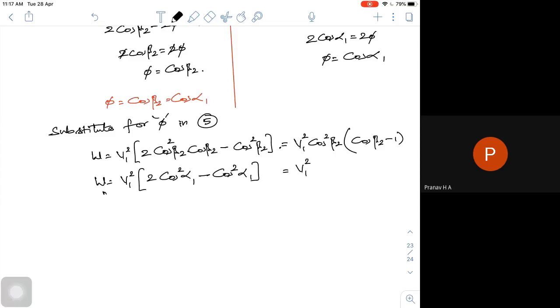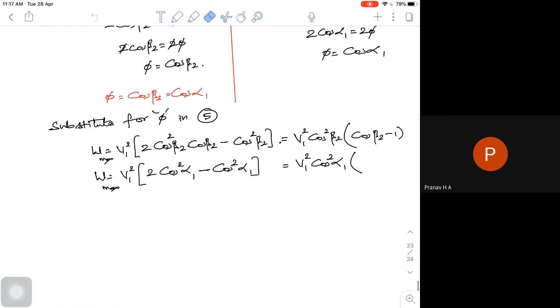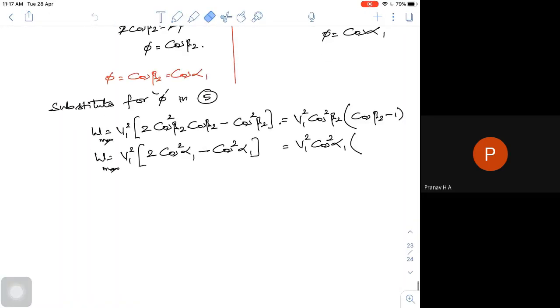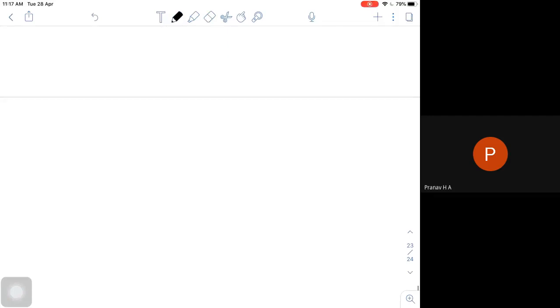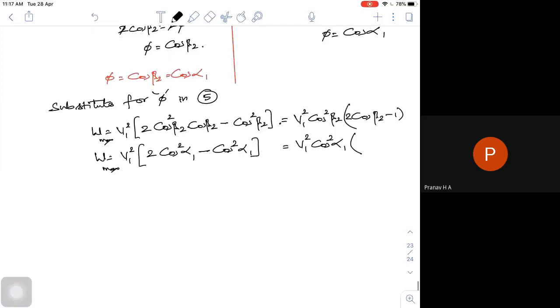So this is W max, V1 square into cos square alpha 1, with a 2 here. So this is 2 cos alpha 1 minus 1.